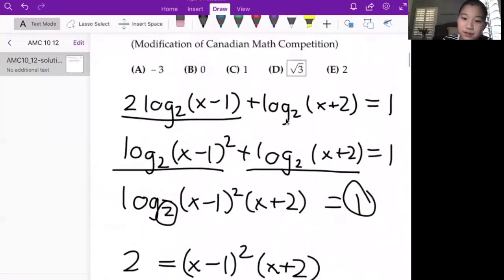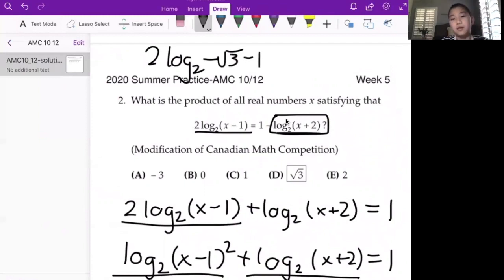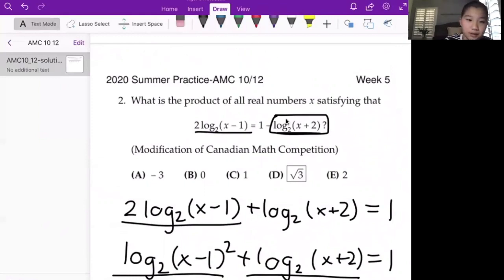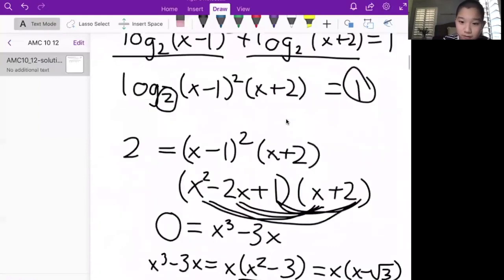Then negative root 3, let's try that one. 2 log base 2 of negative root 3 minus 1 equals 2. Wait a minute, this is another negative. So this isn't defined. Let's cross that out.